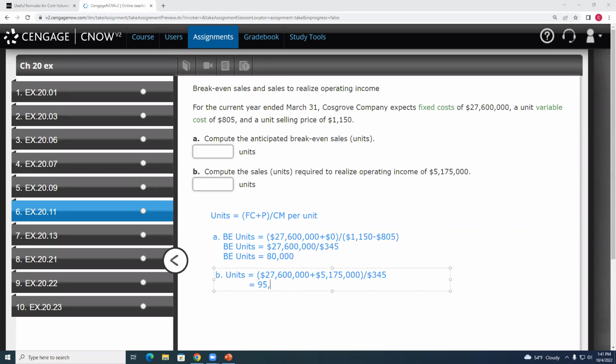So there are really two ways we could have gone about this since we already had the break-even point. We could have simply done the calculation like this: additional units. We know that the first 80,000 units cover the fixed costs.